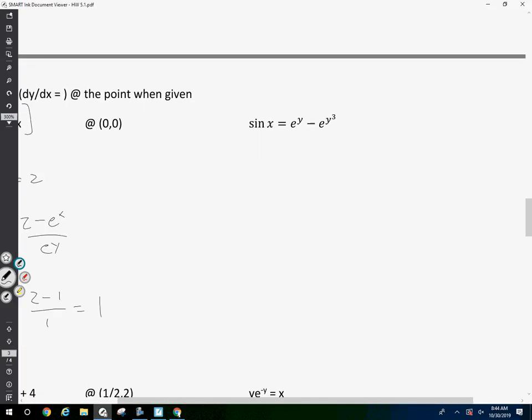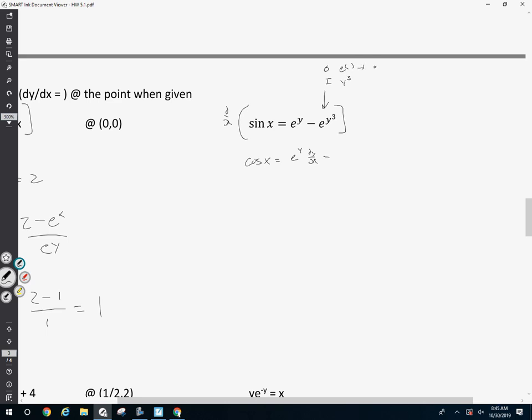Sine x e to the y minus e to the y cubed. Go to sine and cosine. e to the y would be e to the y times dy/dx. Derivative of e to the y cubed. So just to confirm things, the outside is e to the power, the inside is the y cubed. So watch.